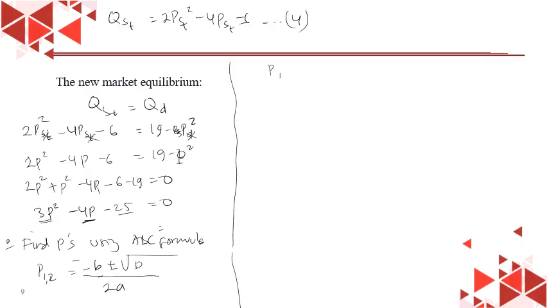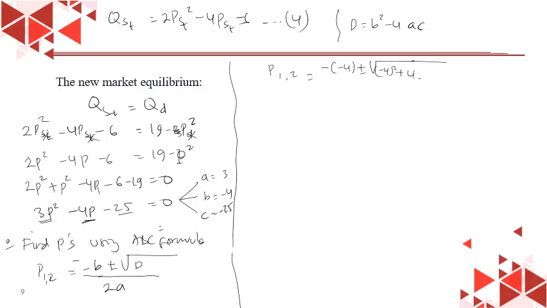All right. Now what is the b here? Let's define this first. The a is 3, the b is minus 4, the c is minus 25. Minus b, minus minus 4, plus minus square root of minus 4 squared plus, remember d is b squared minus 4ac.